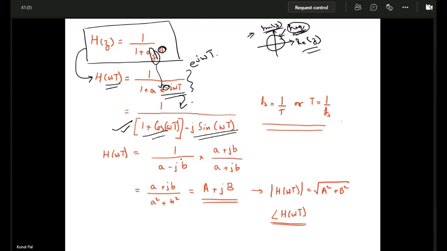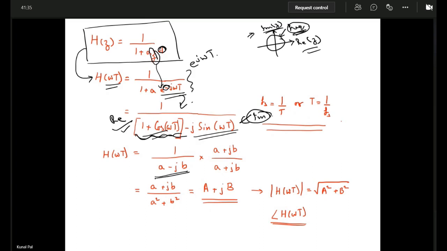If you solve this, you will get a real component and an imaginary component. This can be written as, say, 1 by a minus jb.